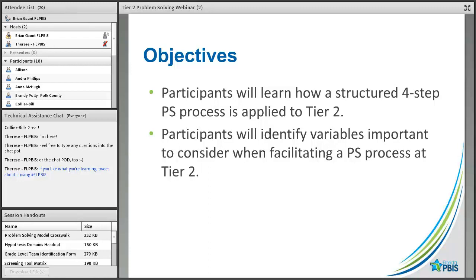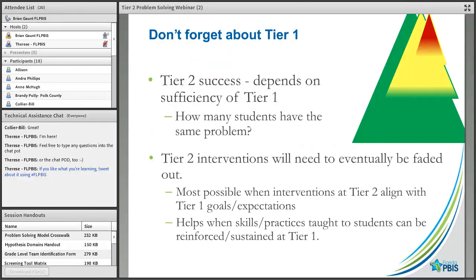If you are interested in problem solving for organizational or implementation change types of things, please let us know by email, and we'd be happy to assist you in accessing content about that focus. But for today, we're just going to keep it specifically on students and primarily about behavior.